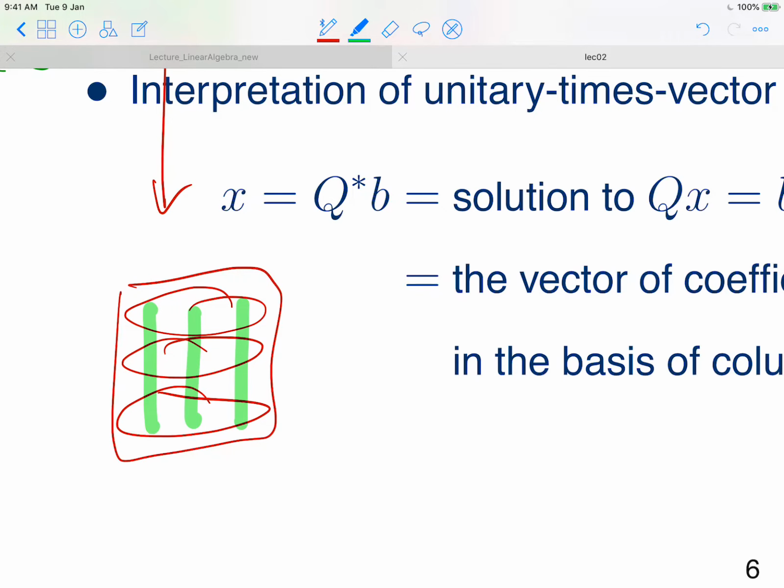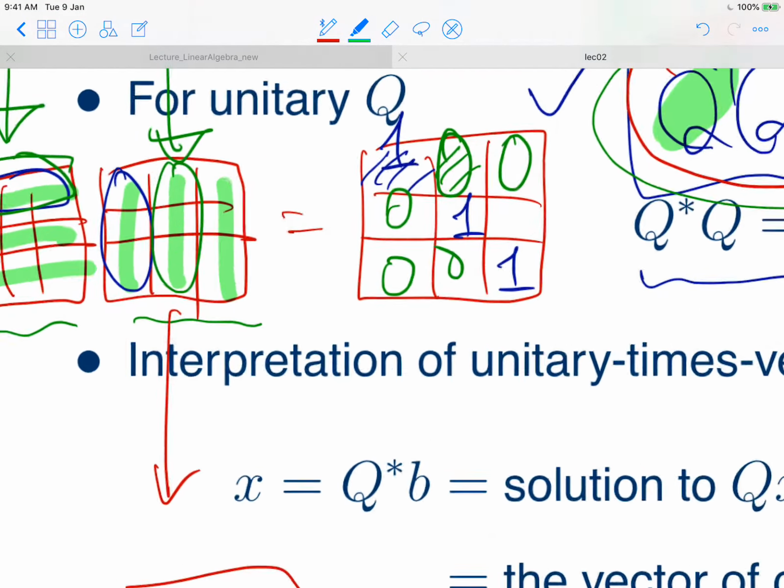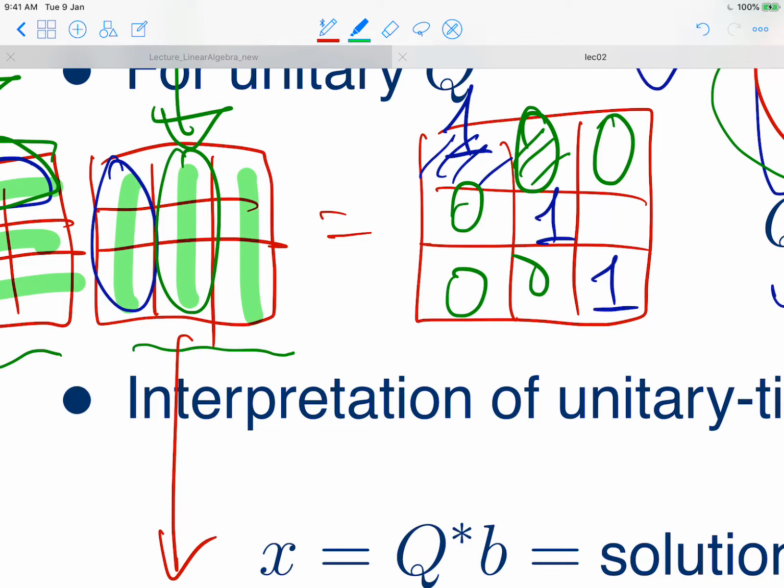So originally we started from a matrix that has orthonormal columns, but the rows are also orthonormal, right? In the case of this orthogonal matrix. So that is another very interesting property.